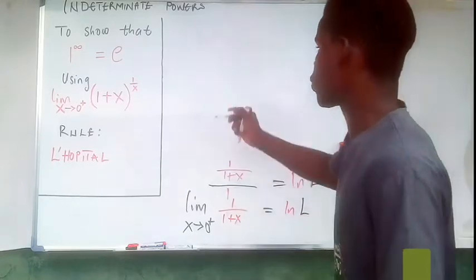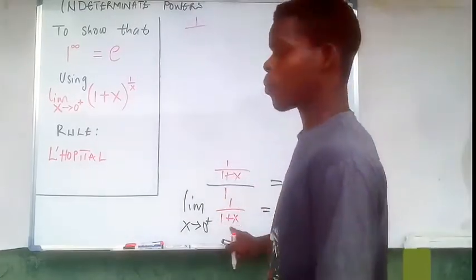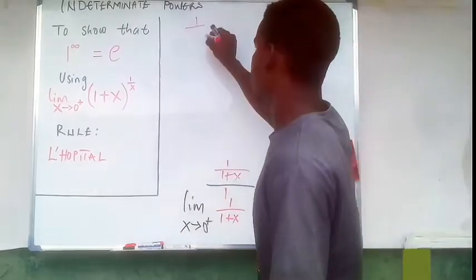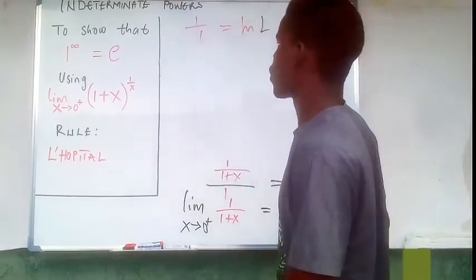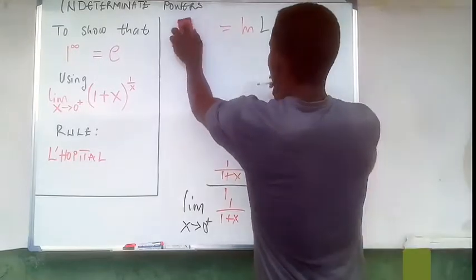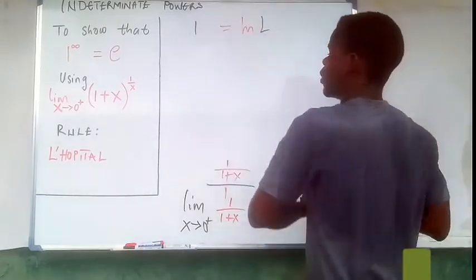As x approaches 0, 1 over 1 plus 0 is just 1. So this is equal to ln L. So we have here on the left hand side, 1 is equal to ln L.